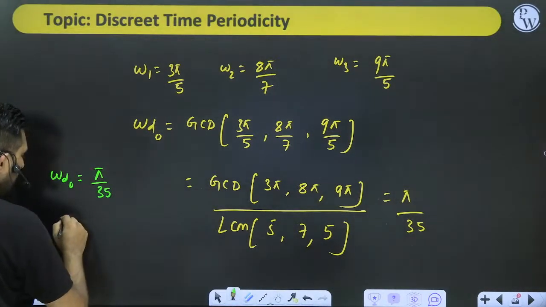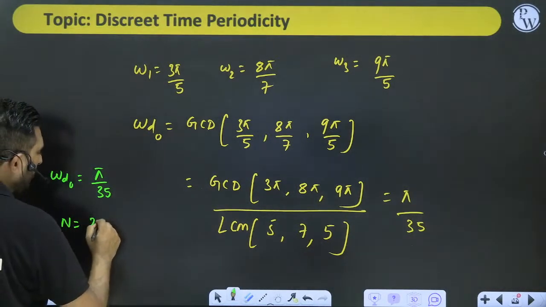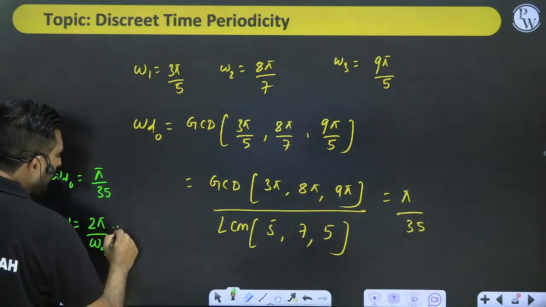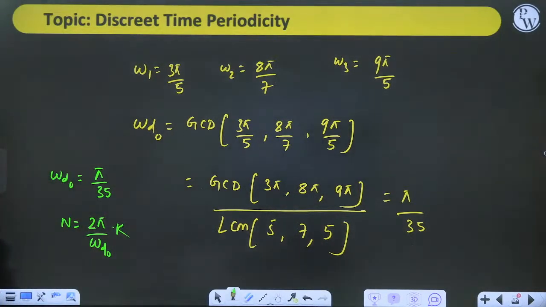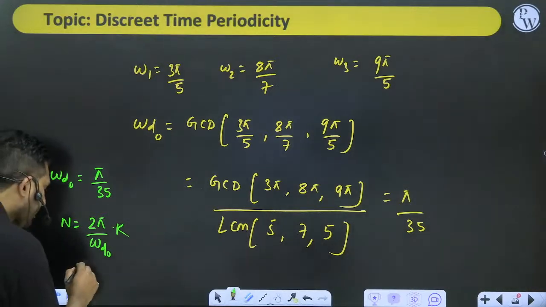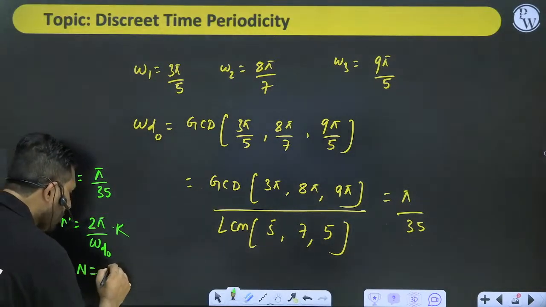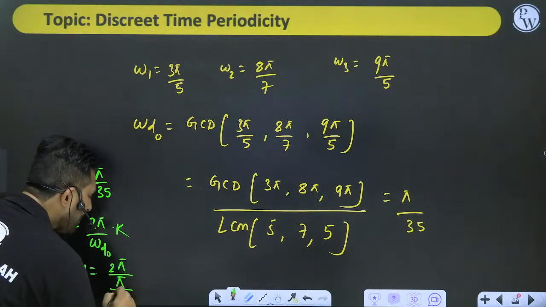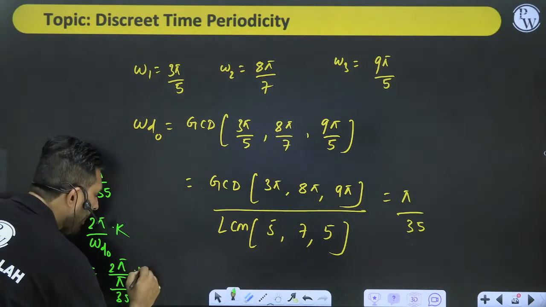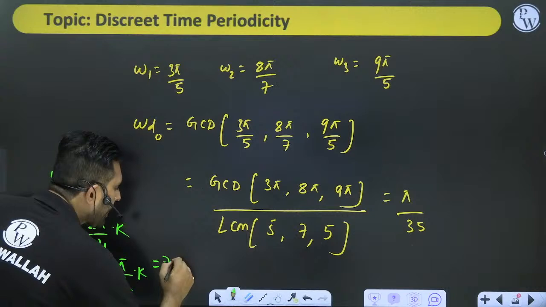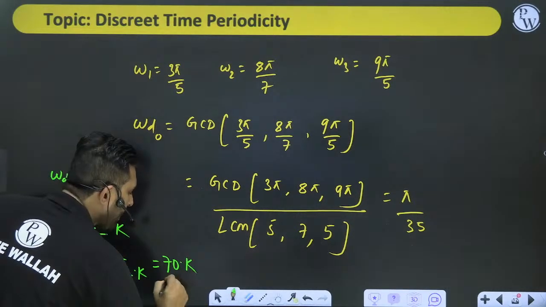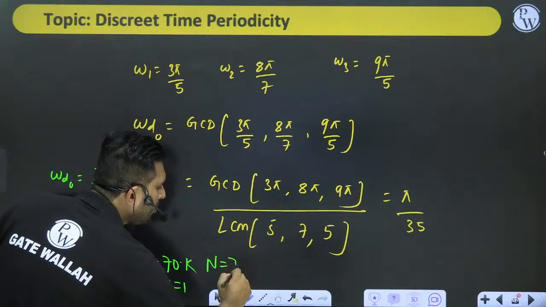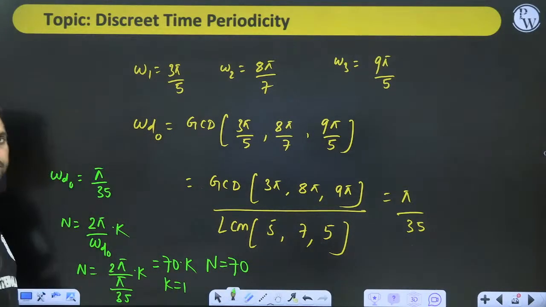What is N? N is 2 pi by omega 0 into k. So N is equal to 2 pi by pi by 35 into k, or it is 70k, and when k is equal to 1, N is 70.